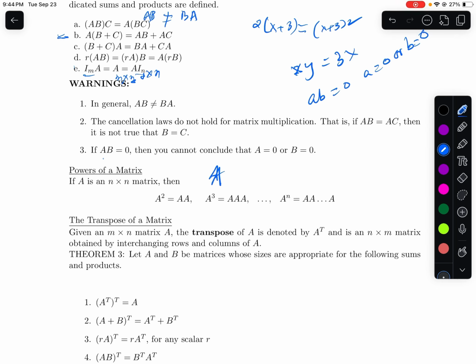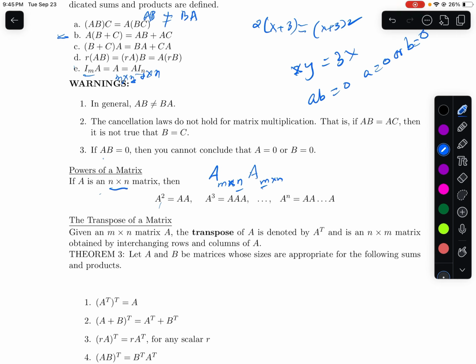The powers of a matrix. If A is an n by n matrix, in order to multiply the matrix by itself, as we saw before, if we have a matrix A of size m by n, I cannot multiply it with A. I cannot get the product A times A because the sizes don't match.